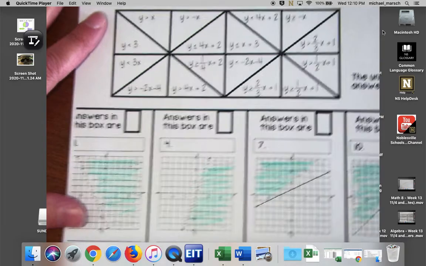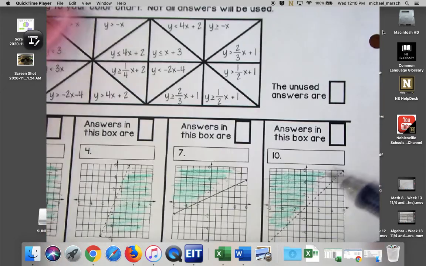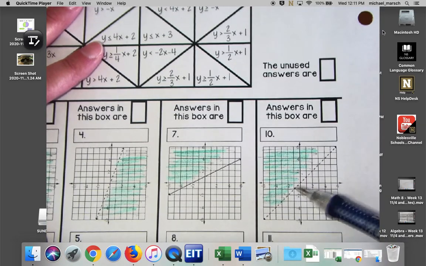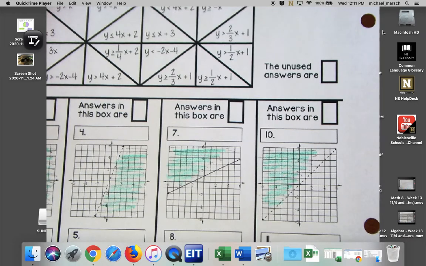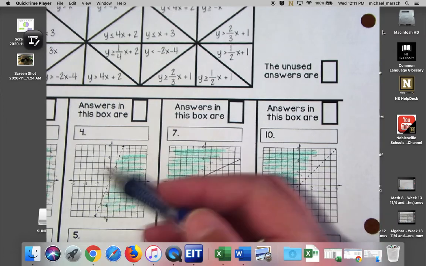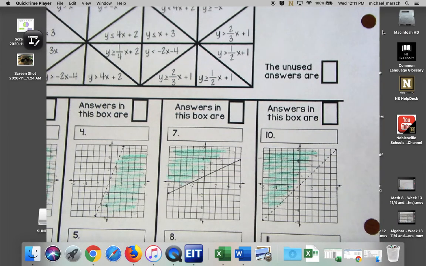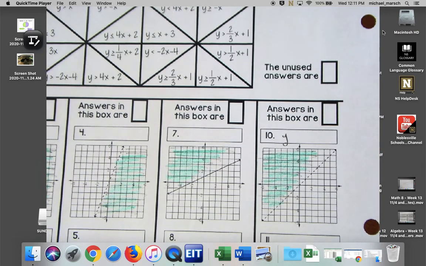Now, I do want to take a look at number 10 here, because this is a little confusing because it goes right through the origin. So we're going to do number 10 together, and then that should help you with another one that's similar, number 4. So we know we have y, right? I'm going to start out with y because it's a linear inequality.